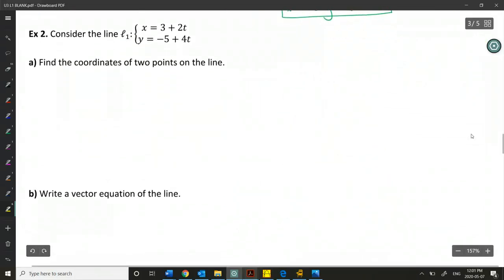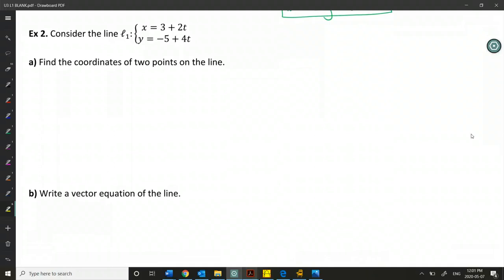Let's take a look at another example here. So we're going to consider the line. These are the parametric equations of the line, and we're going to use those to find the coordinates of 2 points on the line. So you can find any point on the line by simply choosing a value for your parameter t. So let's say we choose t equals 1.